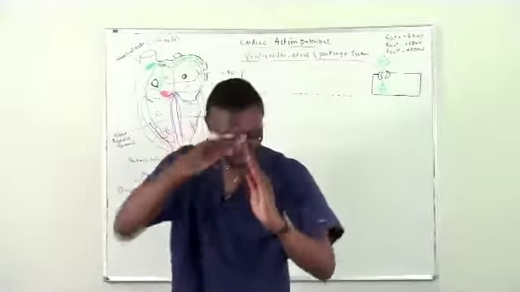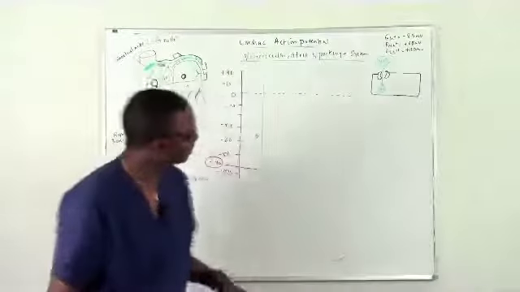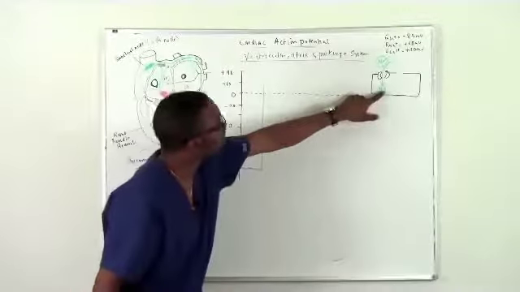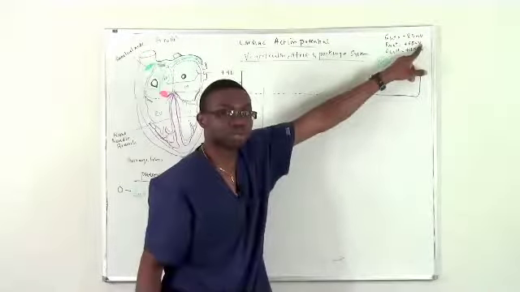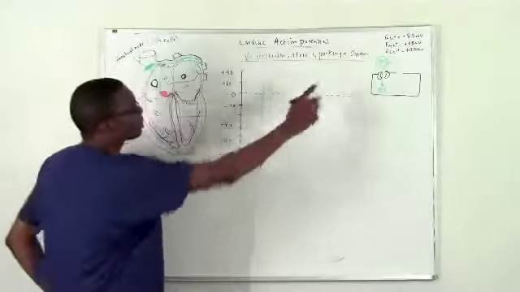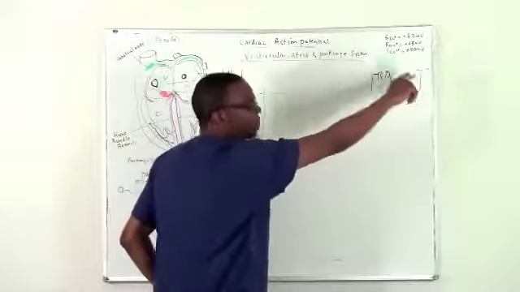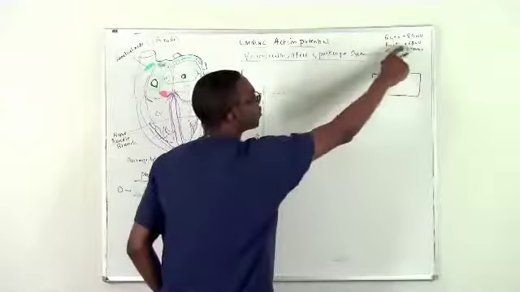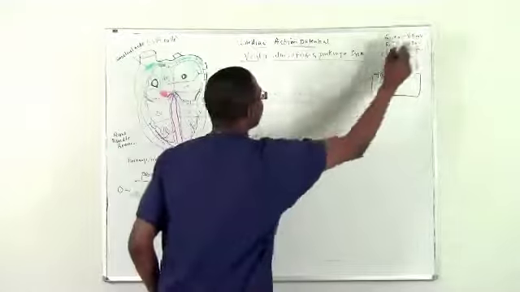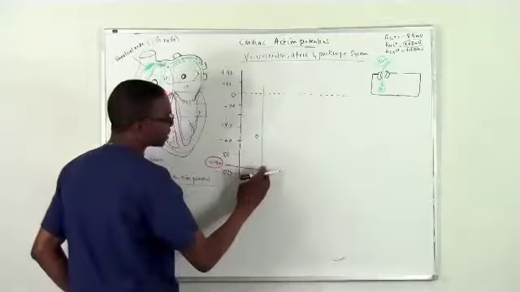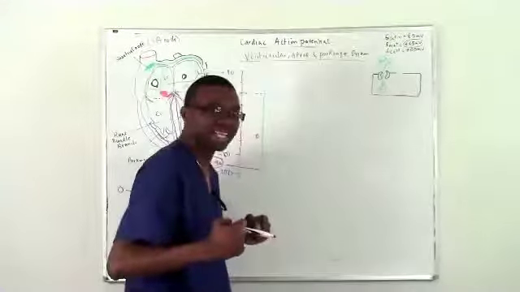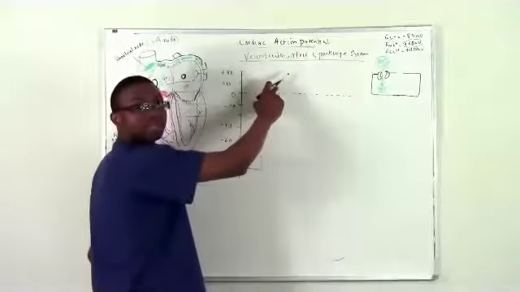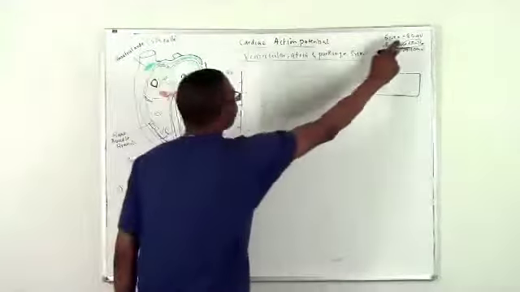When it peaks, look at sodium. What is the resting membrane potential of sodium? Well, the membrane potential of sodium is positive 65. So what the cell is doing is depolarizing and trying to go as close as to the maximum potential it can get, which is close to positive 65.